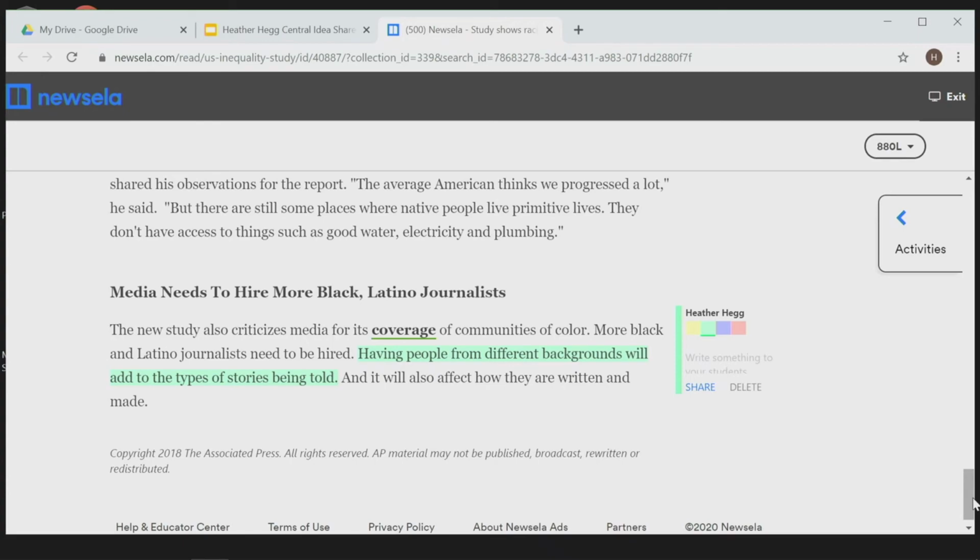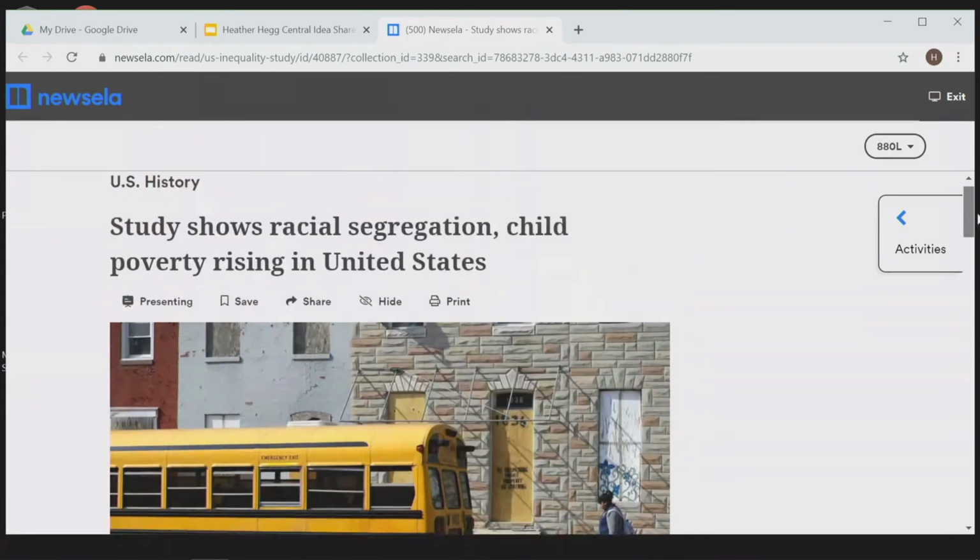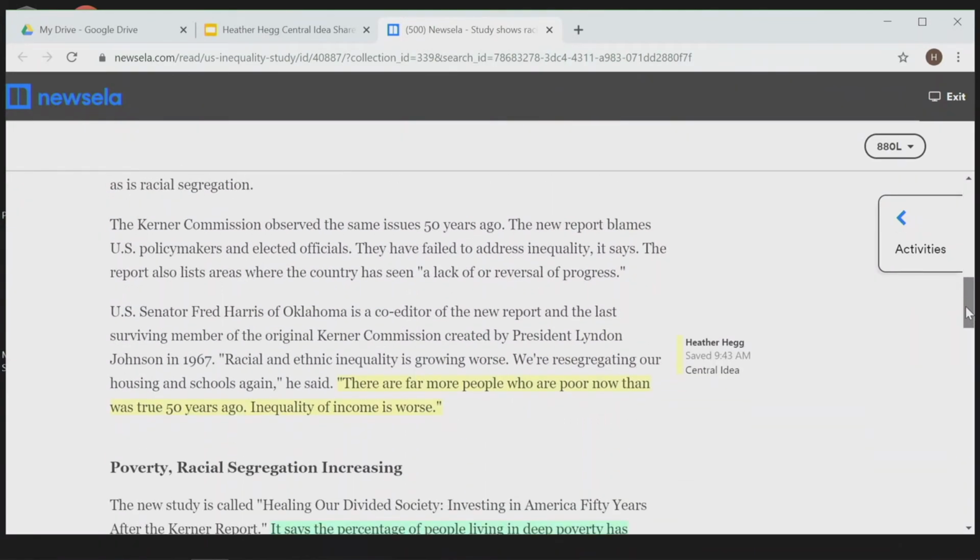Okay, so here I have it. So I go back. Here's the central idea. I believed this was the central idea: there are far more people who are poor now than was true 50 years ago. Inequality of income is worse. But now, after I read this article, I go back and I'm like, look at this sentence.